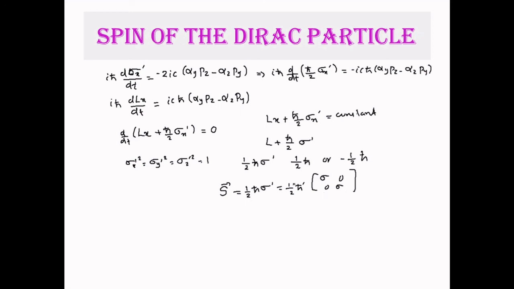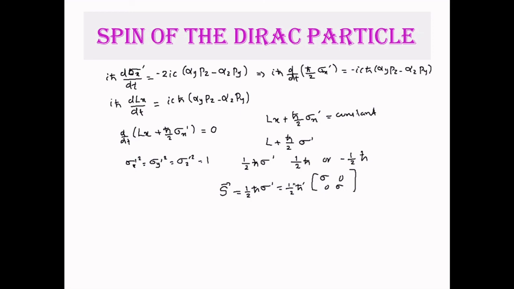So now we can conclude that if you consider only the contribution from the orbital angular momentum, the quantity is not conserved. So you have to consider one more contribution, the spin angular momentum, such that the sum of the orbital angular momentum and the spin angular momentum is a conserved quantity, and this sum is taken as the total angular momentum.